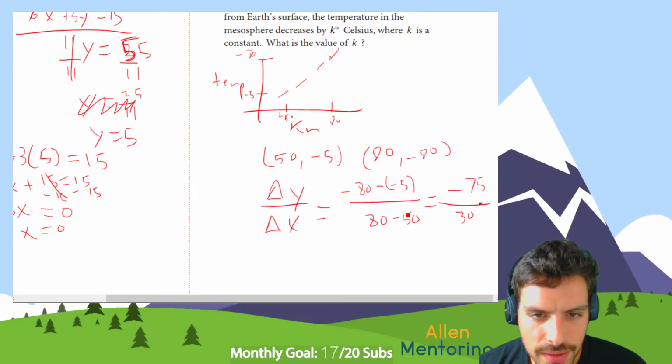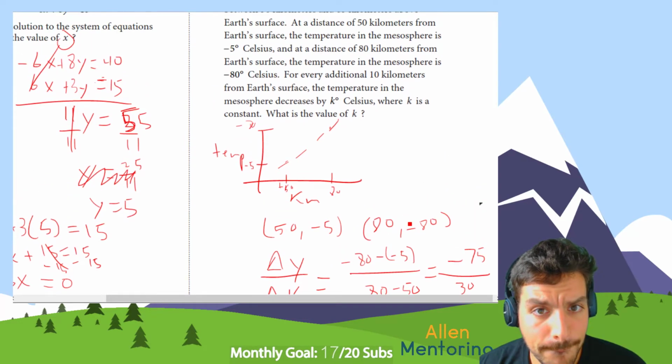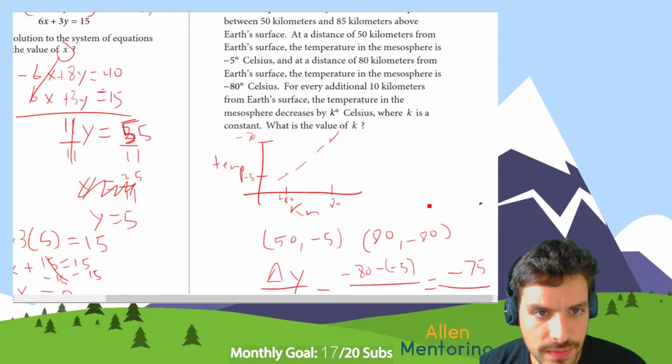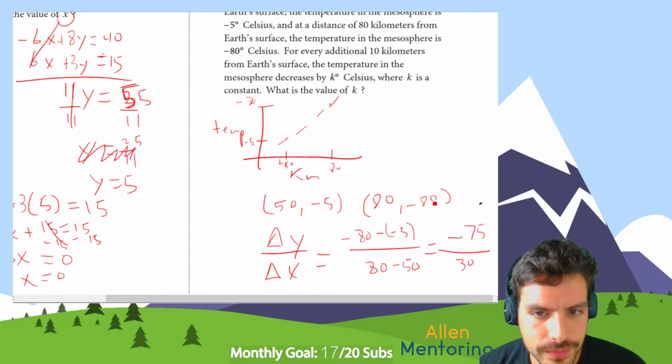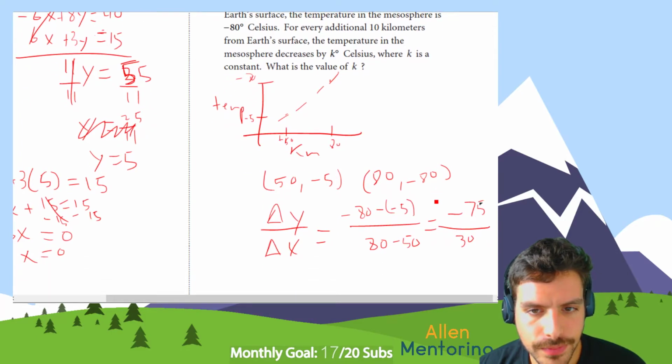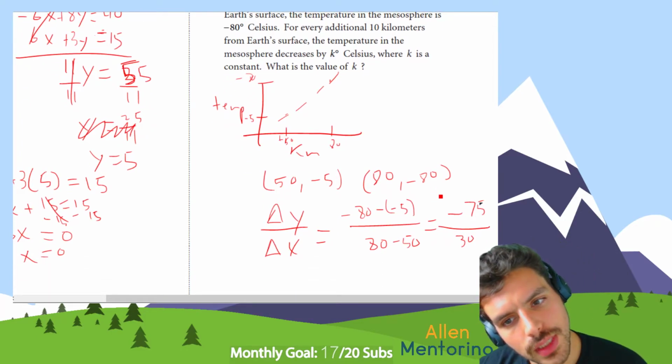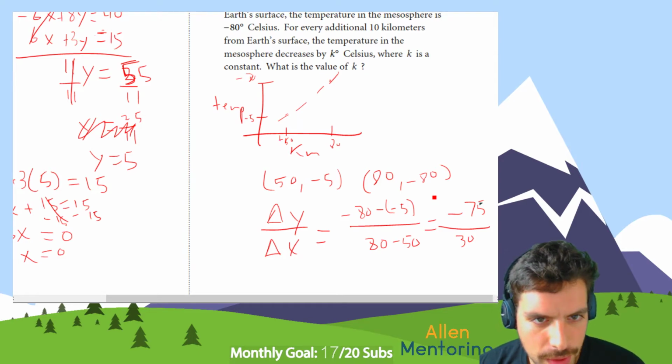Okay, did I make any other silly mistakes, as I tend to do? 50, -5, 80. Okay, so I think I'm good here.